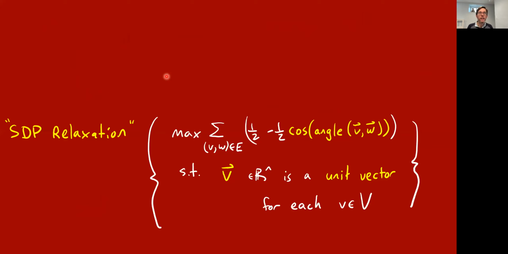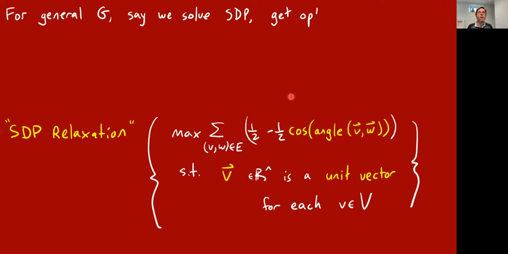And now let's talk about this concept of rounding. So again, when we were solving problems before with linear programs, we'd take an integer program, relax it to a linear program, get some kind of fractional solution.